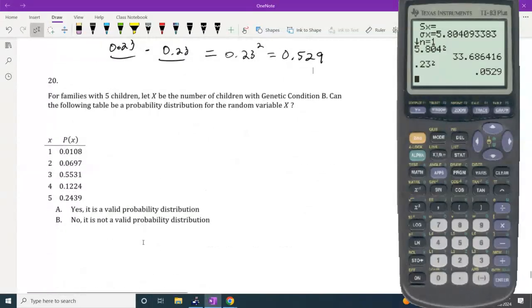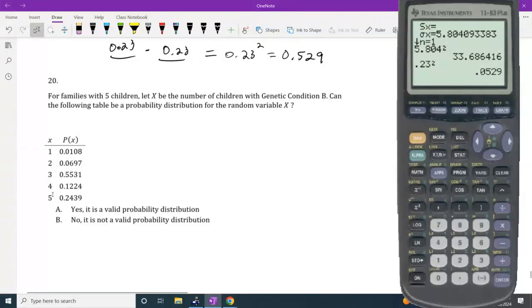And then the very last one says, for families with 5 children, let X be the number of children with genetic condition B. Can the following table be a probability distribution for the random variable X? For this problem, notice that we have the random variable 1 through 5, and then we have our probabilities. What makes this a probability distribution?